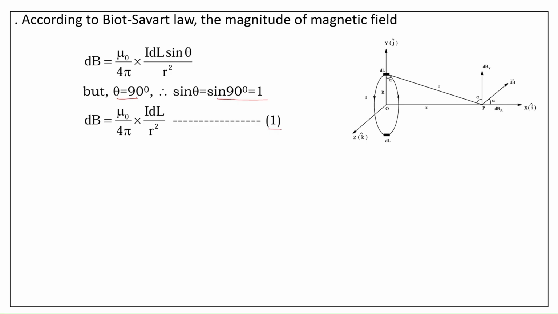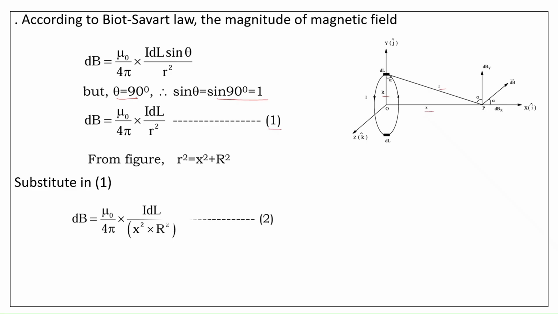Mark as equation 1. From the figure, small r square is equal to x square plus r square. Substitute in 1, we get dB is equal to mu naught by 4 pi into I dl by x square plus r square. Mark as equation 2.